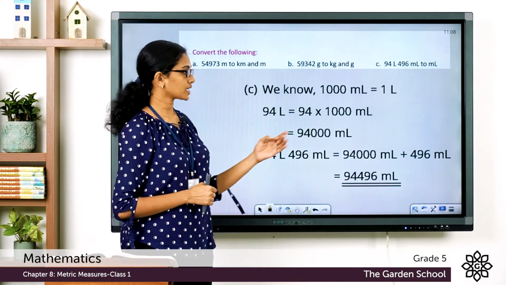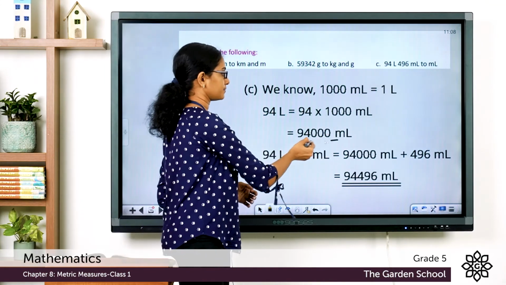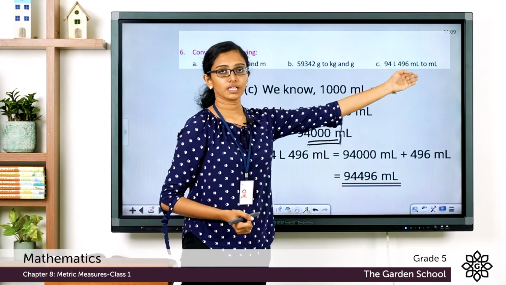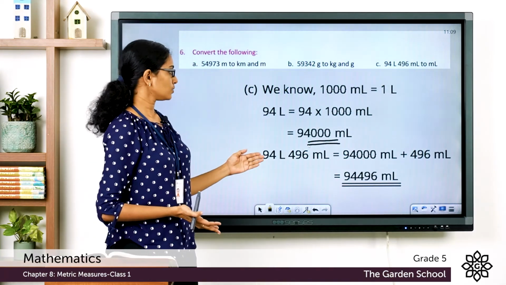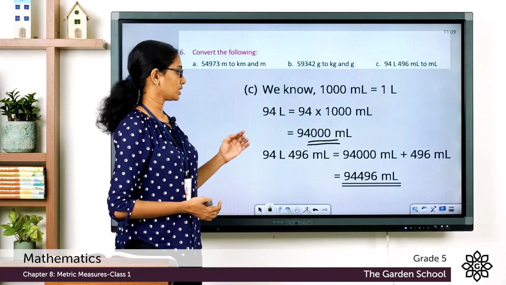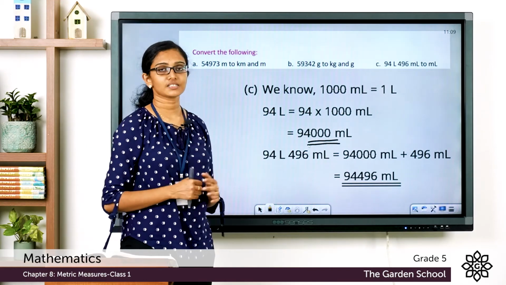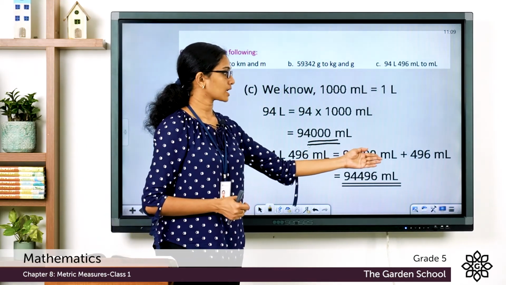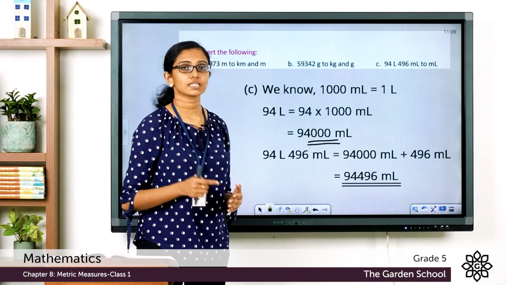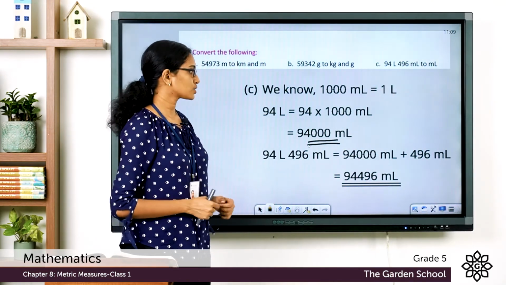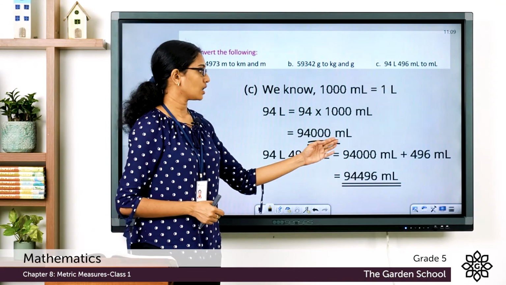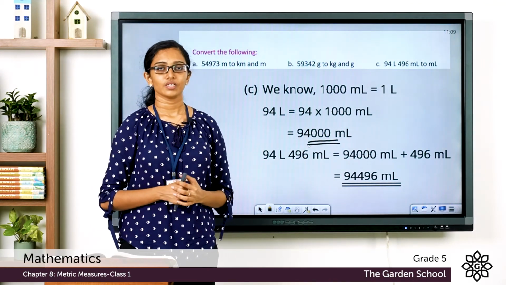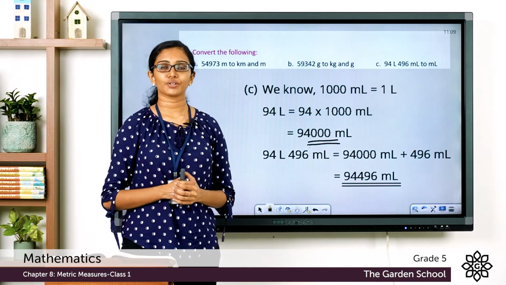That is equal to 94,000 milliliter. Now 496 milliliter is also given. So 94 liter 496 milliliter will be equal to 94,000 milliliter plus 496 milliliter, which is equal to 94,496 milliliter in total. So I hope all these are clear to you.